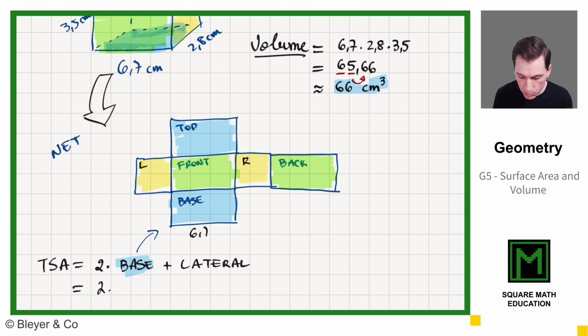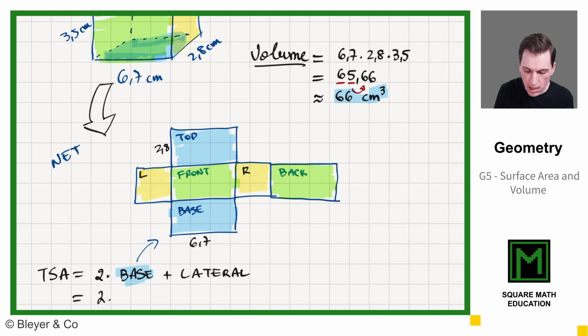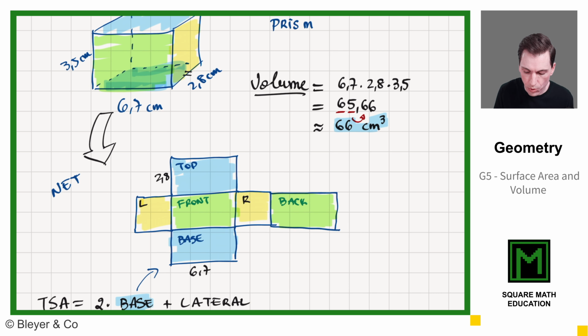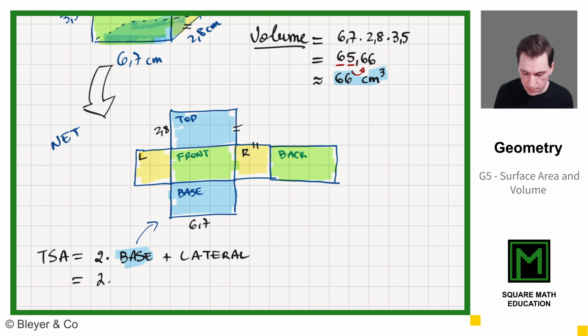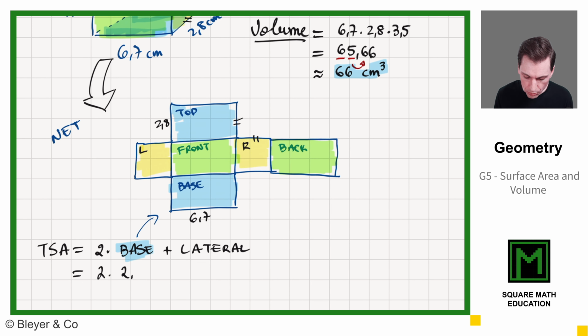We know that this is 6.7, and the side of my base is 2.8, right? The side you can see in the drawing here, this side 2.8, will be the same as the length of the right side. So this is 2.8 times 6.7. And then we're going to calculate the lateral area.